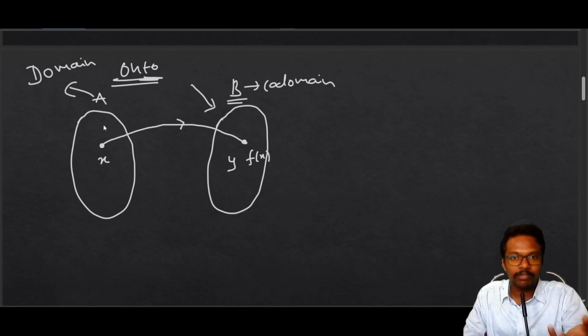Yes, no? In the previous case, for x1 the image is f of x1, for x2 the image is f of x2. Similarly for x, the image name is f of x.